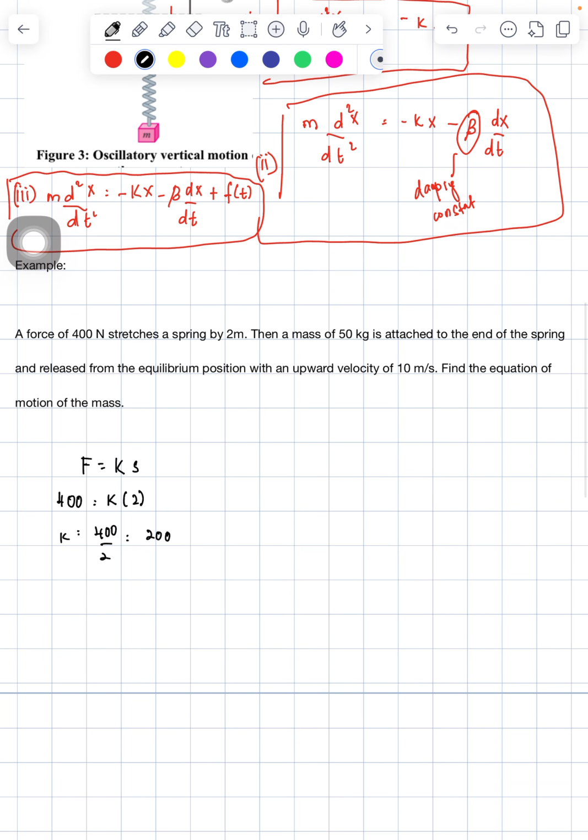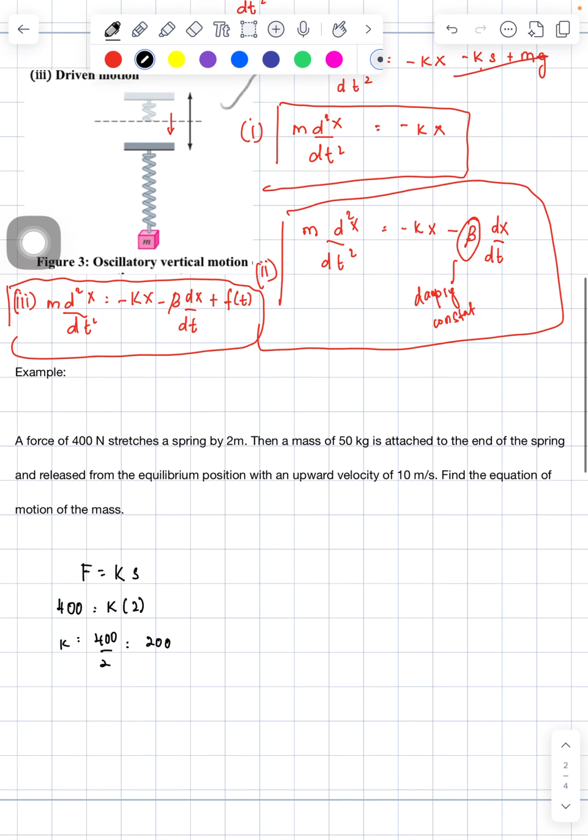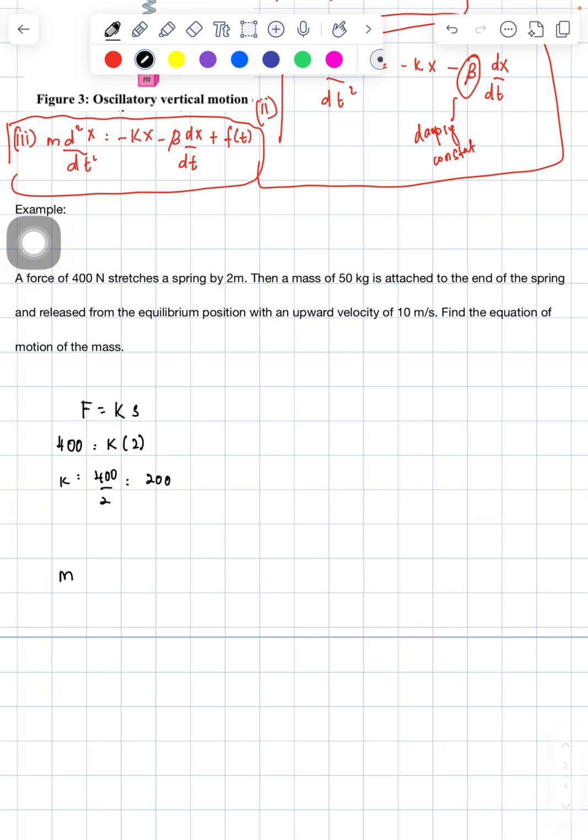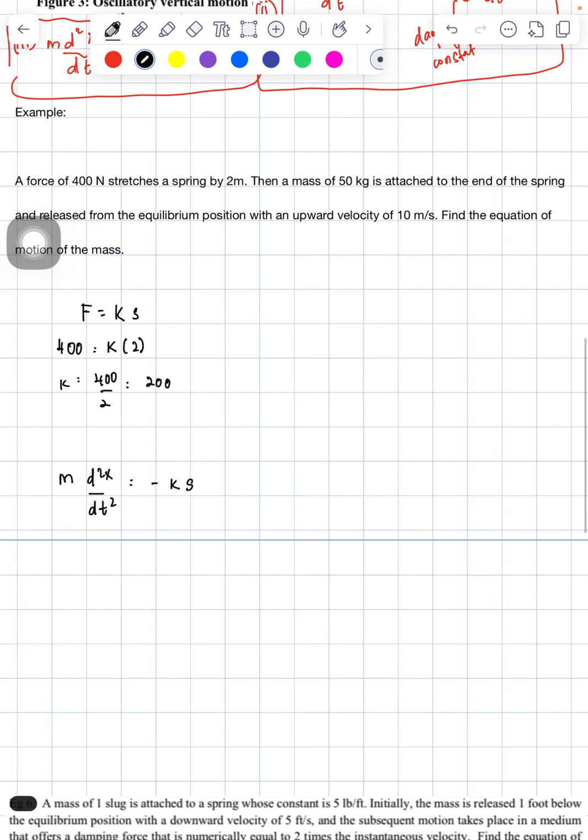Okay, from the question here, there is no external force and there is no damping device. So our equation is m d square x over dt square equals minus kx. Mass is 50 kg, so we substitute into the equation.